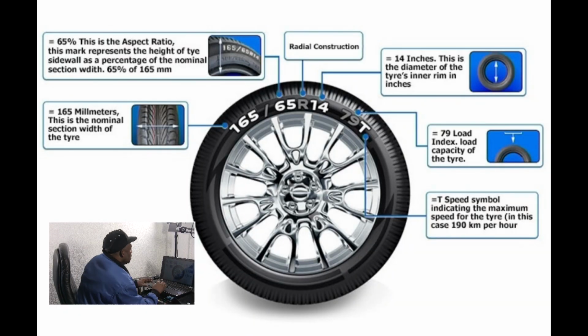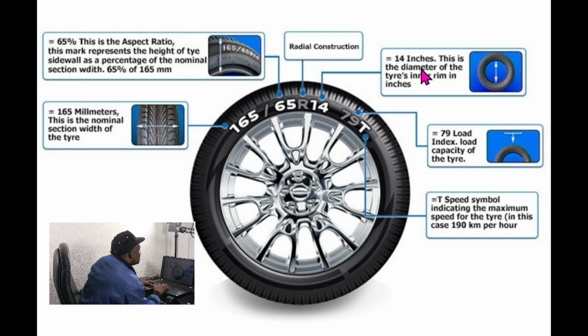because when you check the body, after checking the paper, you can see 165 times 65 R 14, that's 79T. This R is very important, it is the radial construction of the tire. This 14 is measured in inches.